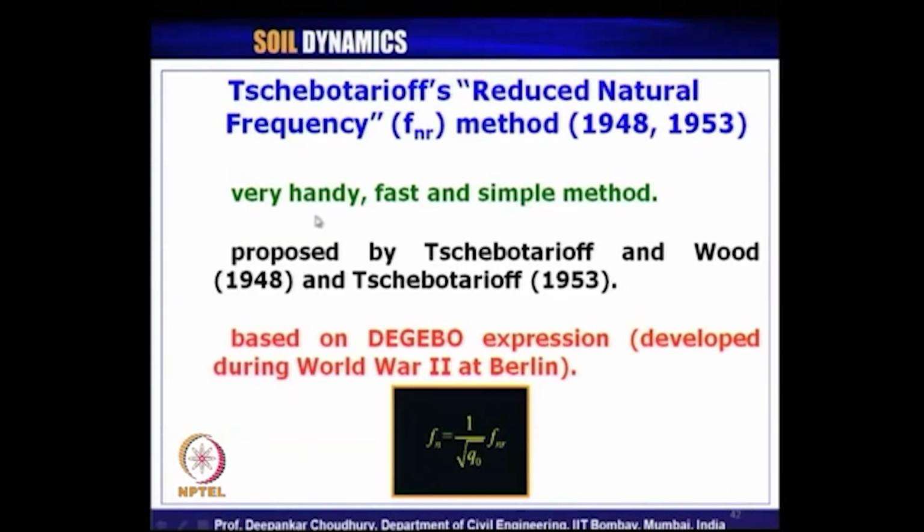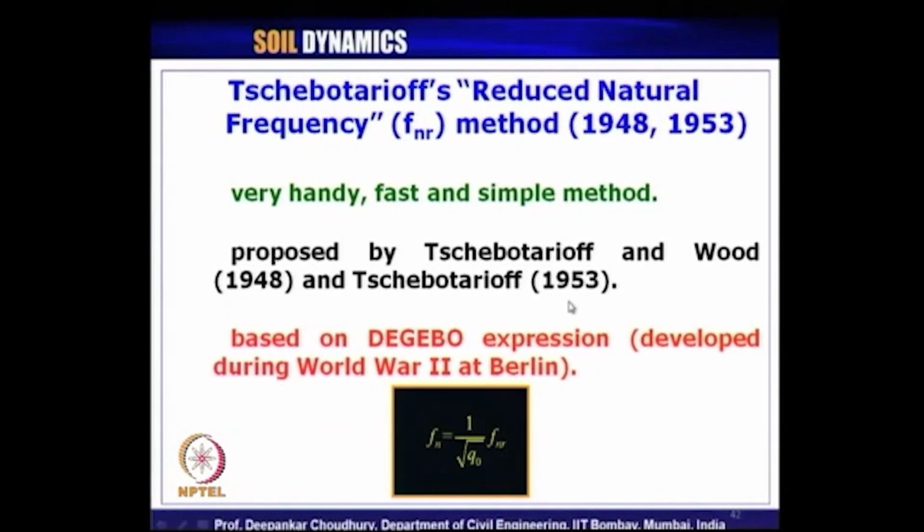This method is very handy, very fast and very simple to use. It is a semi empirical method. It was originally proposed by Shobeteriev and Wood in 1948 and later further modified by Shobeteriev in 1953. So, that is why finally it is called Shobeteriev's reduced natural frequency method, 1953.